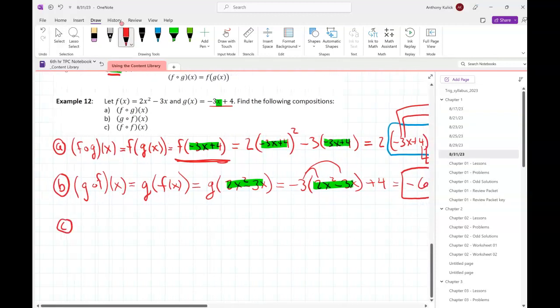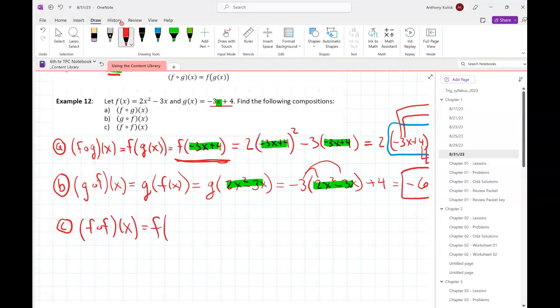Let's do that one. This is f compose f of x. So here we have f of x, and we know f of x is 2x squared minus 3x. So I'm going to plug that in to the x's in f. So inside of the first x is going to be 2x squared minus 3x.